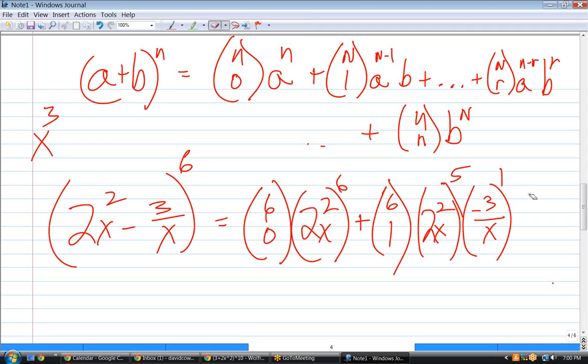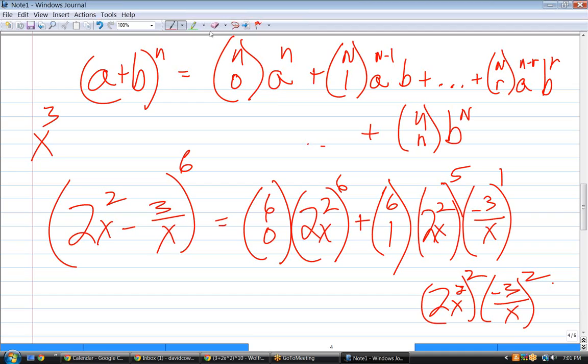Find out at what point they're going to result in an x cubed. Notice that if I expanded this right now, it would be x to the 10th divided by x, so that would be x to the 9th. Okay? So you're probably going to want to get down to something that looks like this: 2x squared to the squared and minus 3 over x to the 1.